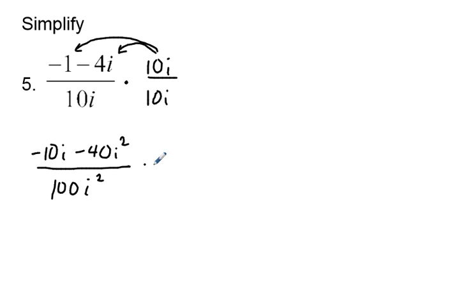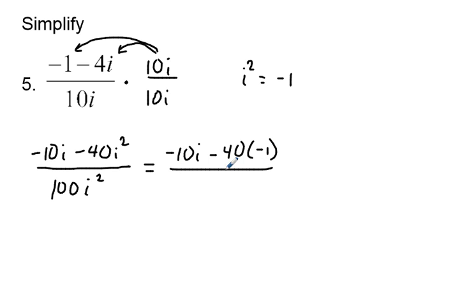Now, the next thing we'd like to do is wherever we see an i squared, we will replace it with, remember, i squared is equal to negative 1. So we're going to write negative 10i minus 40, parentheses, negative 1, over 100, parentheses, negative 1.